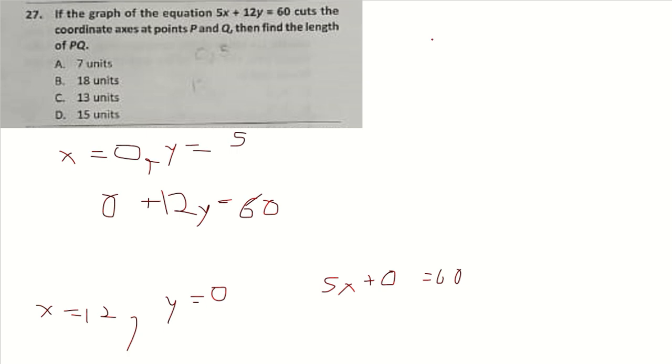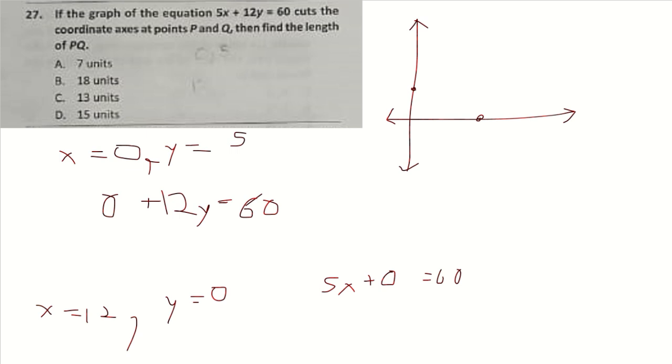And so these 2 points we have, when you make a graph, we have the points 0 comma 5, so that is about right here, and then 12 comma 0, which is about right here.